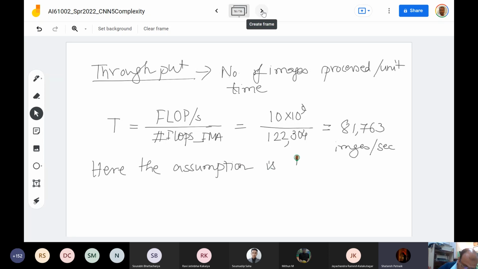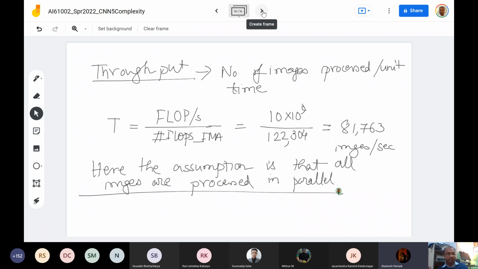Now here the assumption is that all images are processed in parallel.